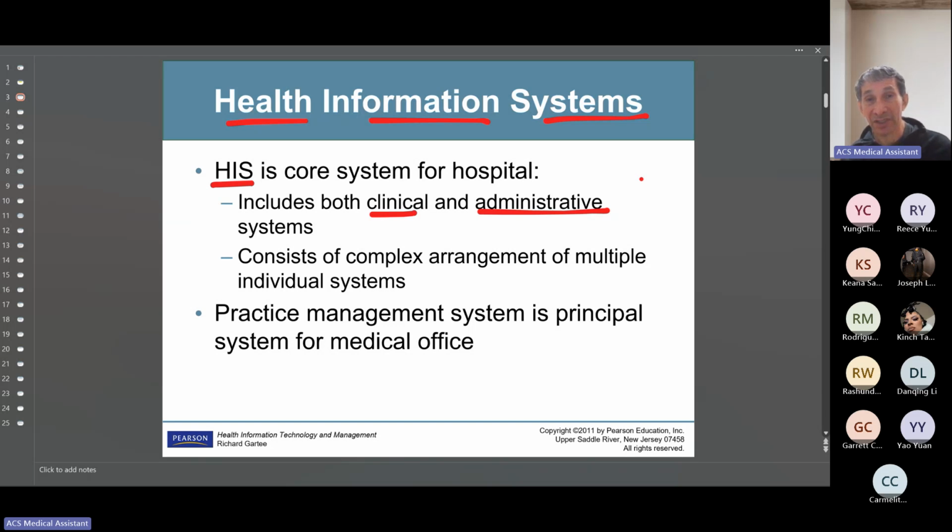Front is called administrative, the back is called the clinical part. So we have to have a health information system that covers both. We need to know to whom we are rendering services, and who is going to pay us for those services.